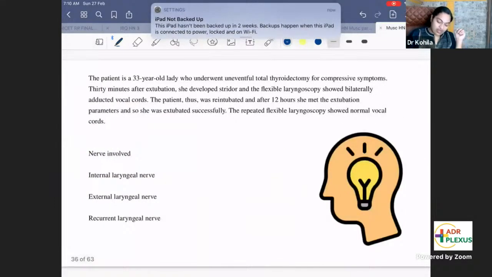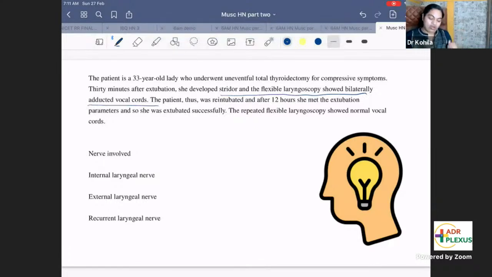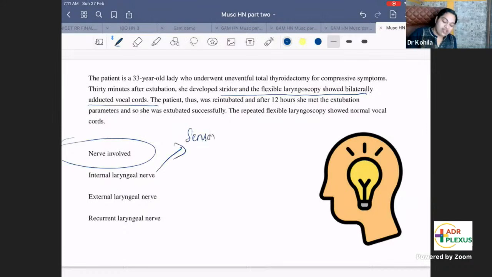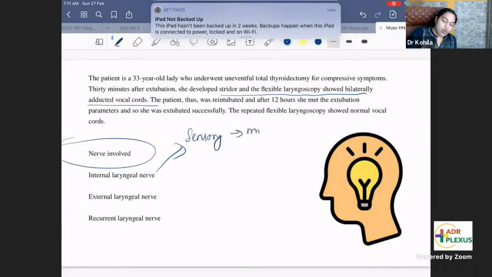Okay, just a word about innervation. A 30-year-old patient, uneventful total thyroidectomy, but after extubation, stridor. Bilaterally adducted vocal cords. Just one word about the innervation of these muscles. Internal laryngeal nerve is entirely sensory. It supplies the mucosa above the level of vocal cords.